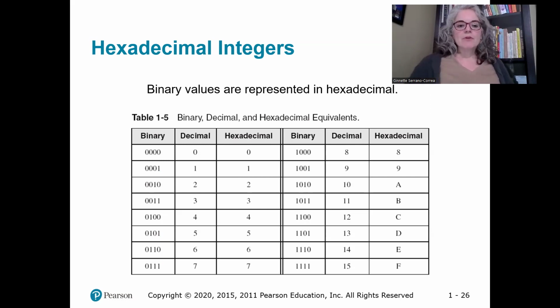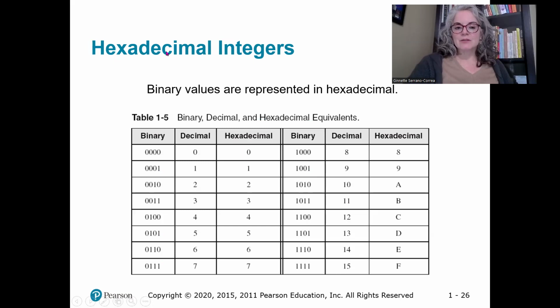So if you see the hexadecimal 0, that means the same thing as 0 in decimal. Hexadecimal 1 is the same thing as 1. It's all the same up to the number 9. After the number 9, when we get to 10, 10 in hexadecimal is the letter A, 11 is B, 12 is C, 13 is D, 14 is E, 15 is F. Now, hex is the root word for 6.